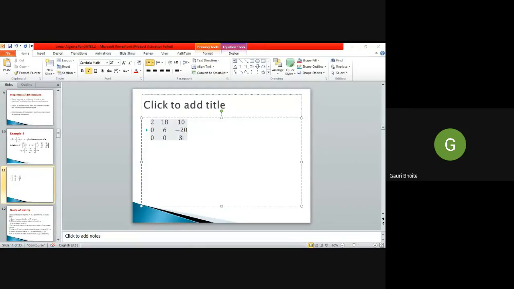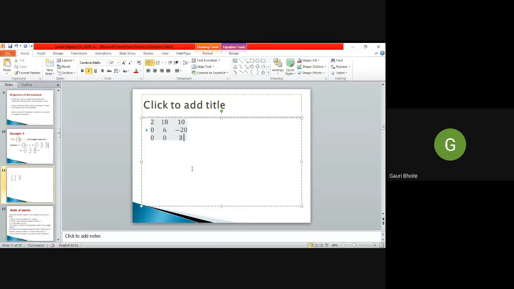Yes, many of you gave the correct answer. Because if the matrix is diagonal, upper triangular or lower triangular, its determinant is the product of the diagonal elements. So here again it is a triangular matrix, so its product is 6 into 2 into 3, or 6 into 6, 36, right?